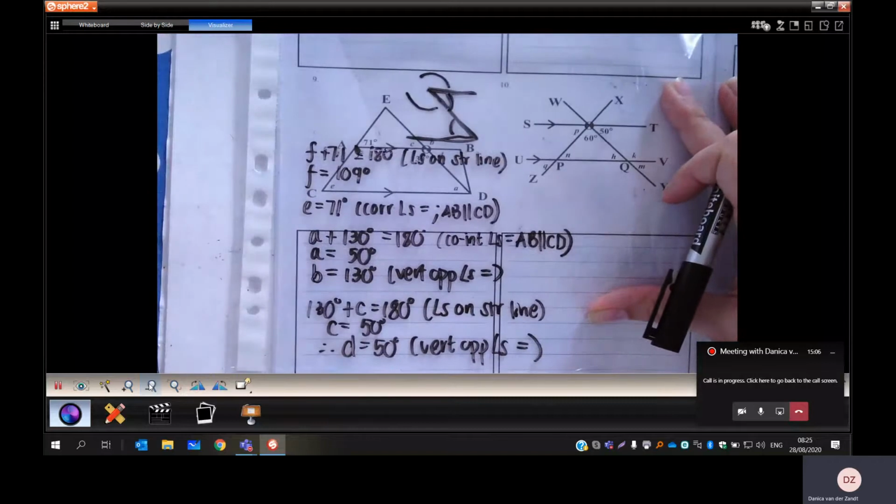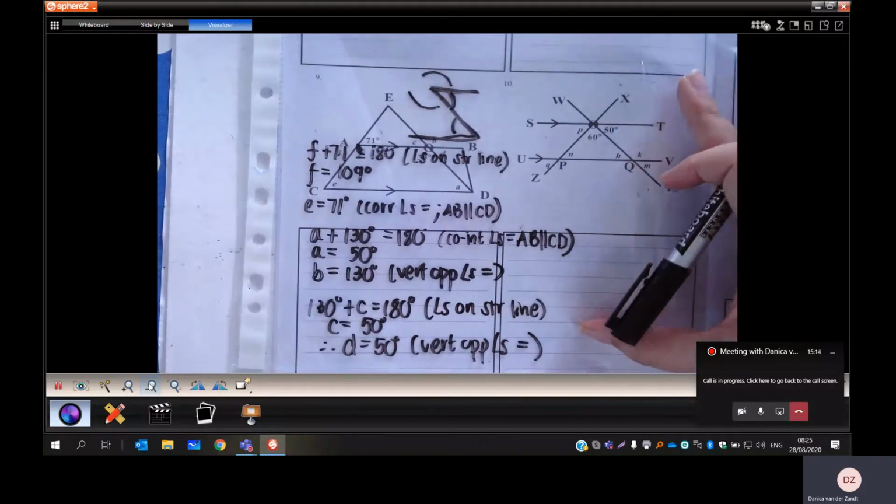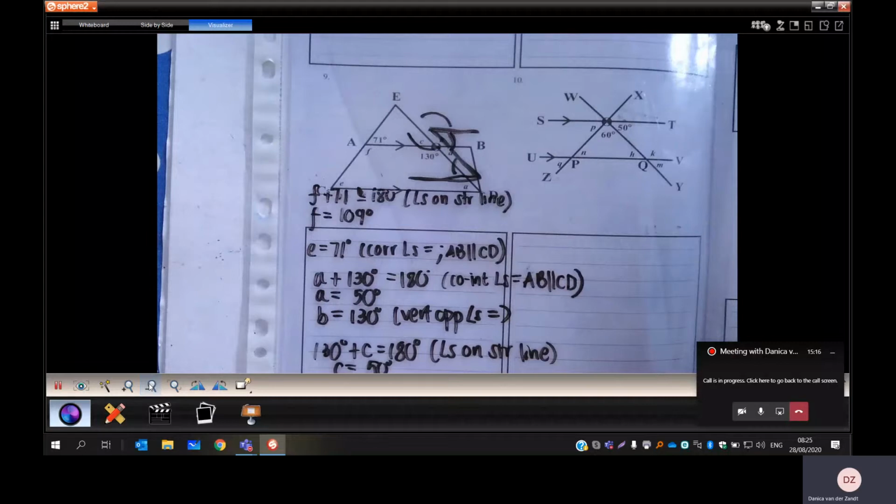Okay, the ones that I want to practice today are number 10, number 12, number 13, and number 14. Please circle them. I'm going to give you about 10 minutes. Please ask if you get stuck.